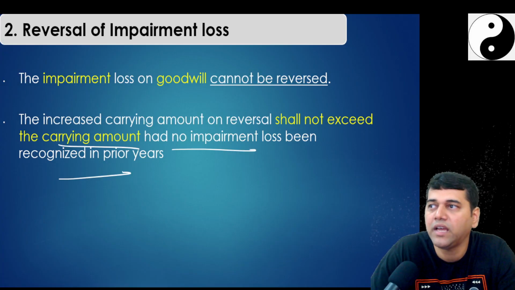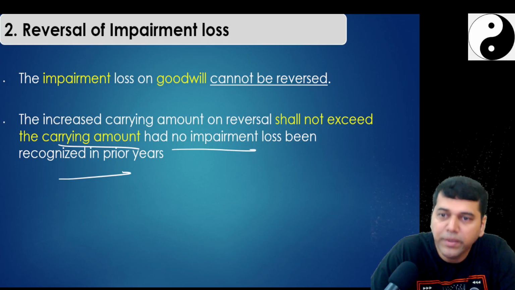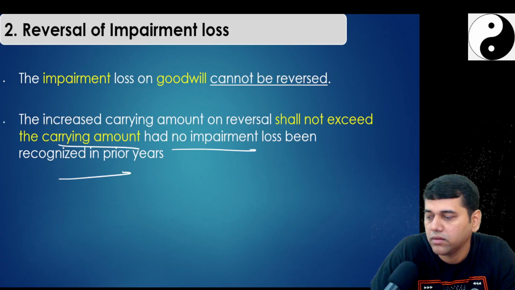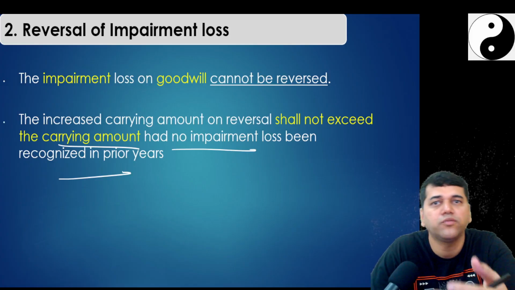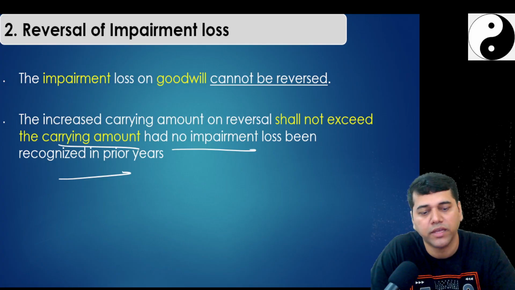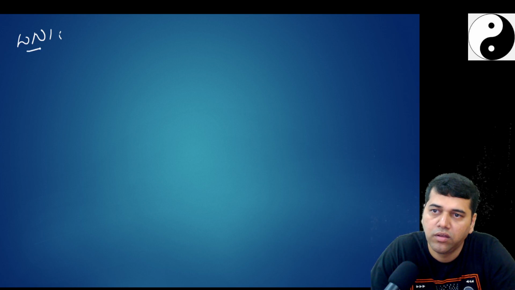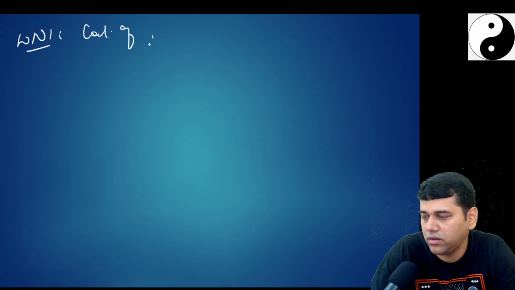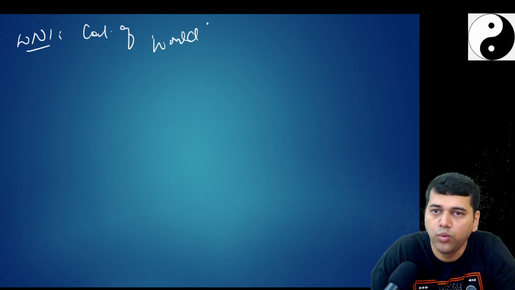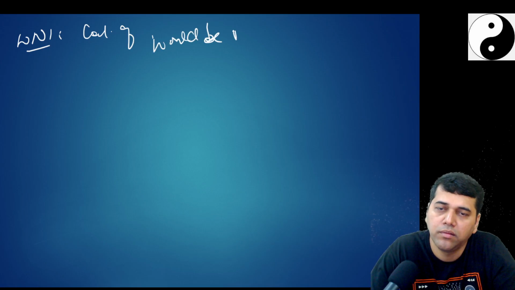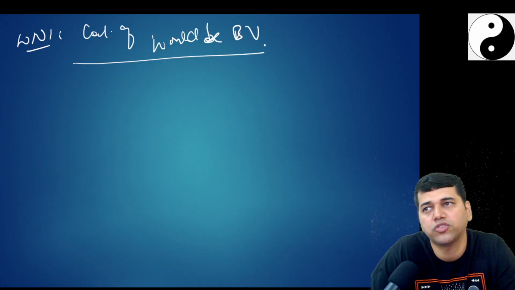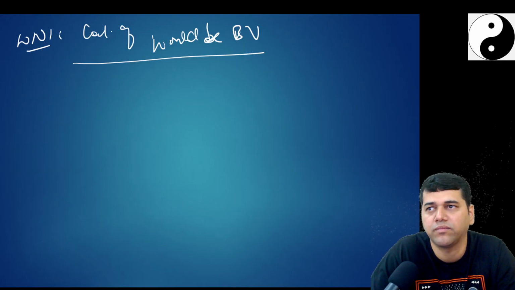Now, do we know what the amount is? Would be carrying amount? I could have done this working there only in the total working, or I can have one working note 1, calculation of would-be book value, which in the previous question we did as 100 minus 75.